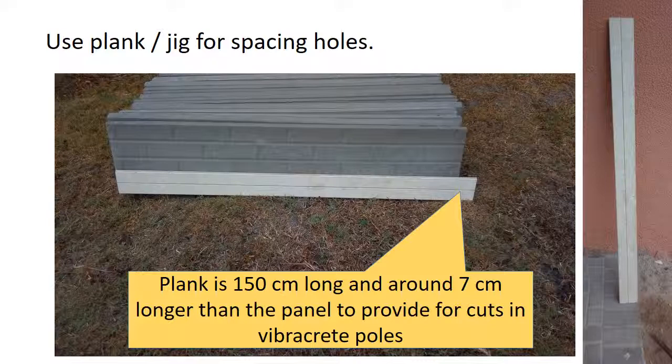In our case, the panels are 150 centimeters long. The jig is around 7 centimeters longer than the panel to provide for the cut in the Vibracrete poles, so that makes it easy. You use a jig to go fast, and at some stage you can pull out the measuring tape to make sure.